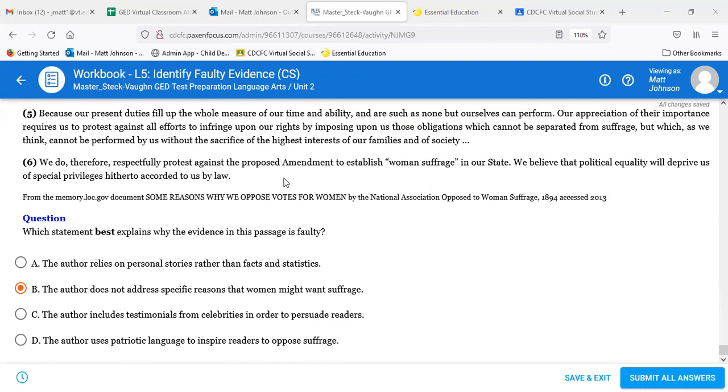They don't refute that idea at all. They bring up other points, and it's largely about how it affects them, right? And I'm assuming that these are all men, how it is affecting them and not necessarily how it affects women. So yeah, 13 is B. The author does not address specific reasons that women would want to vote, which would help with his claim if he could refute those.